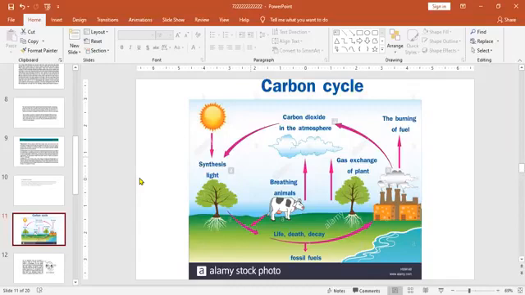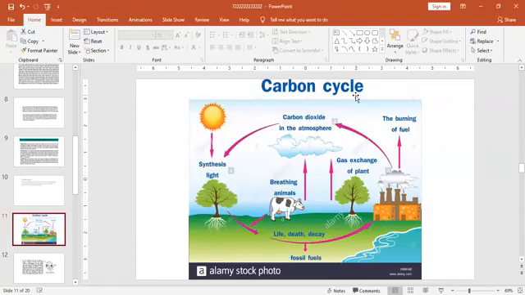When animals eat plants as food, carbon enters into the animal body. When animal bodies or plants die or decay and mix with soil, they produce fossil fuel.